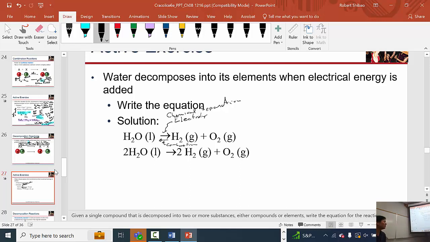We typically use electrolysis. It's a very common reaction. And so you can electrolyze water to form this. In fact, this is how they separated heavy and light water way back in the middle of the 20th century.